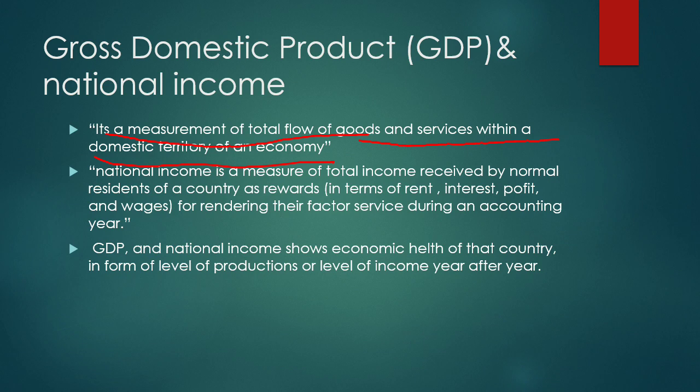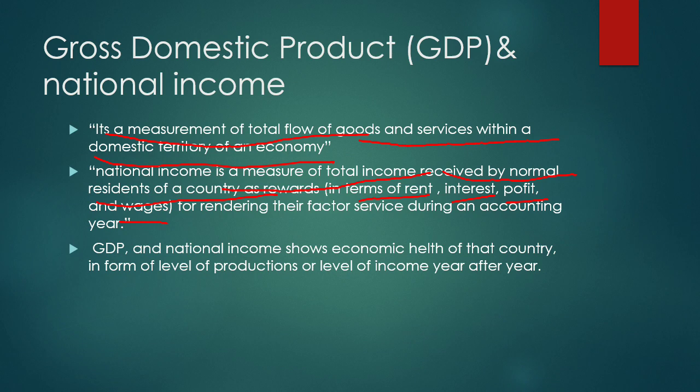While we talk about national income, it is a measure of total income received by normal residents of the country as reward, in terms of rent, interest, profit and wages. We know very well we require factors of production to complete the production of any commodity. We require land, labor, capital, entrepreneurship, and we get all these from households, and we provide them factor payments in the form of rent, interest, profit and wages, right?